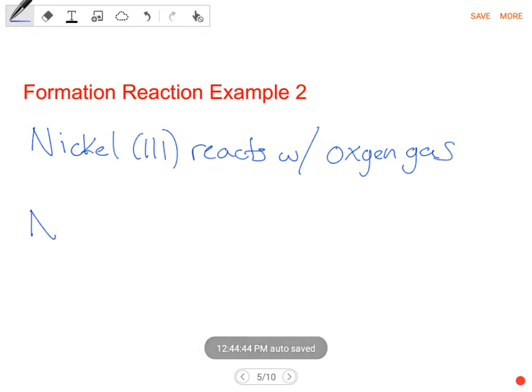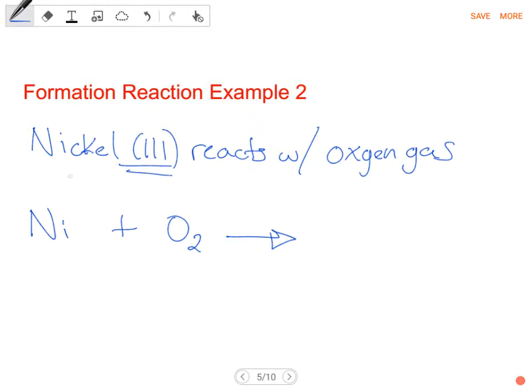So we have nickel plus oxygen. Now, oxygen is one of the diatomics, so you got to put a 2 right there. The charge of nickel, we put 3, so we're looking at 3+. Oxygen is 2-. I hope by now you see this is the lowest common denominator method. So that means we must have nickel 2.